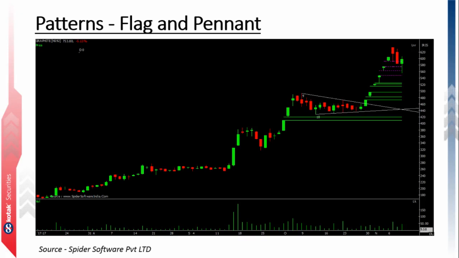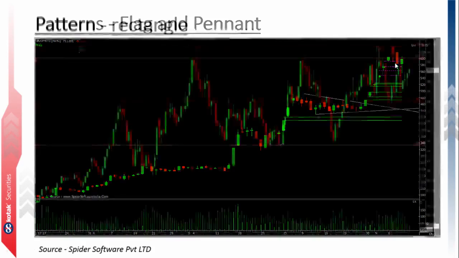So trend line gives an understanding of whether we are in a continuation formation or not, whether we are entering into a long-term breakout or not. That is why we are using the word foundation to identify trends. And here we can see that after crossing this strong flag formation, from 460 it went to 620, 630 levels in just a few days of time.